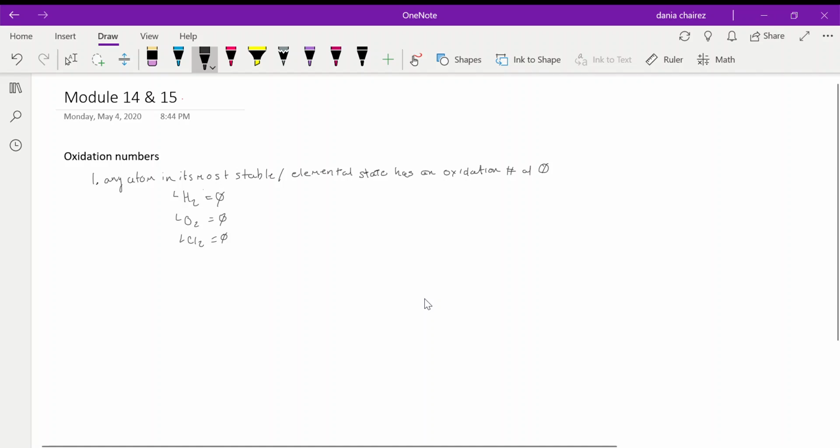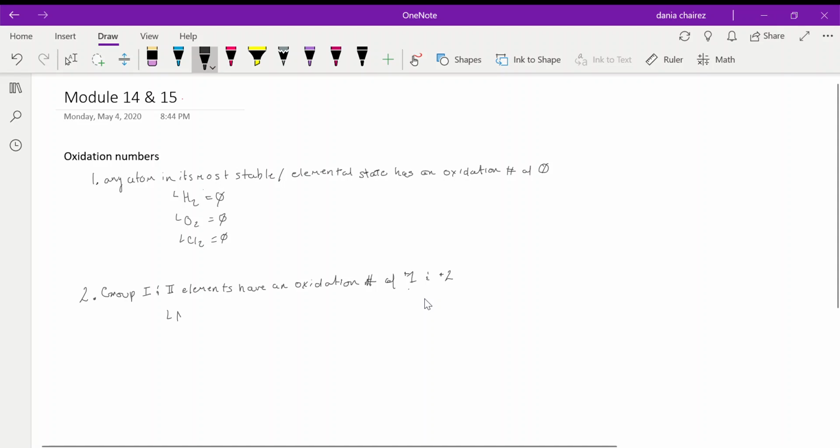So 0. And then your second rule would be that group 1 and 2 elements have an oxidation number of +1 and +2 respectively. As in, if you're in group 1, you have a +1 charge, and if you're in group 2, you have a +2 charge.